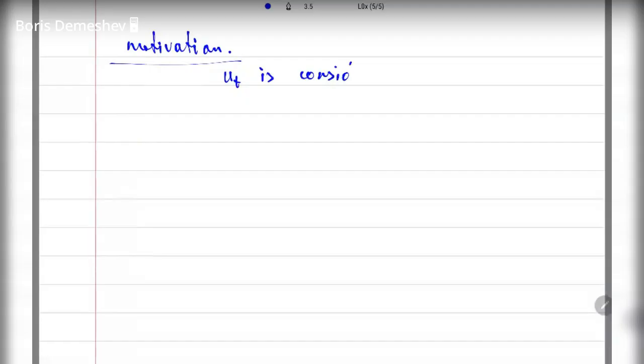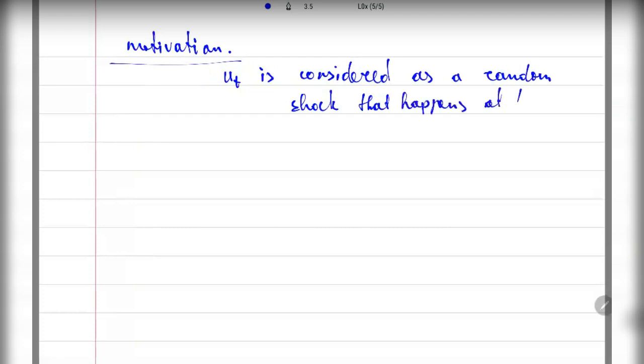But in many financial economics applications, u_t is considered as a random shock that happens at time t and is independent of past events.